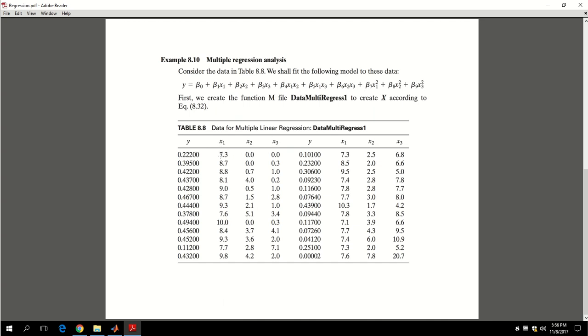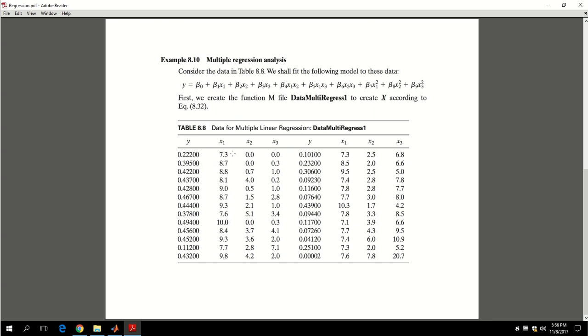So it's got three independent variables and then one dependent variable, right? So every data point is determined by these three x's, and then one y, right? x1, x2, and x3 are variable names, right?